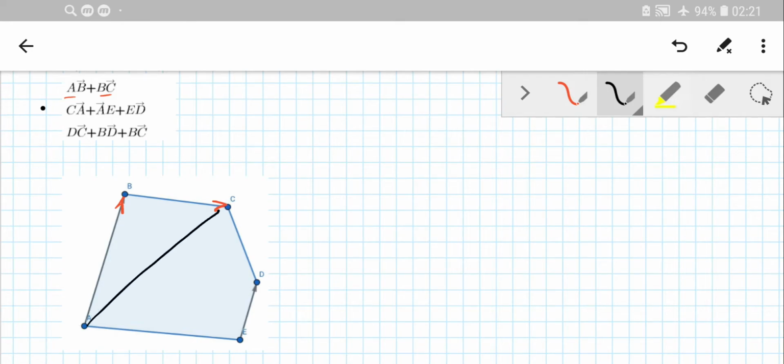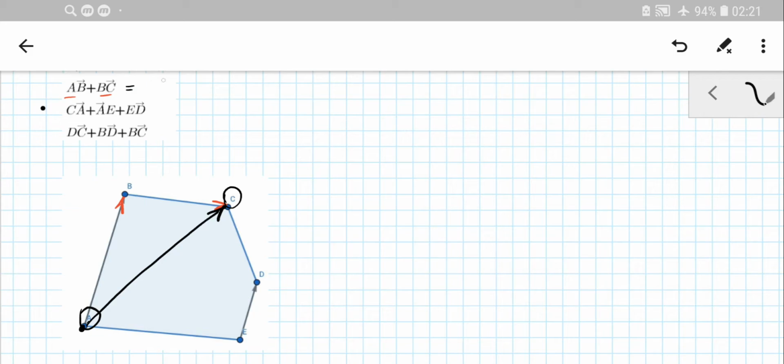The resultant goes in the direction against the general chain: you just use the very starting point A and the very ending point of the last vector, C, so you connect from A to C. That's your resultant. So the first answer is AC.